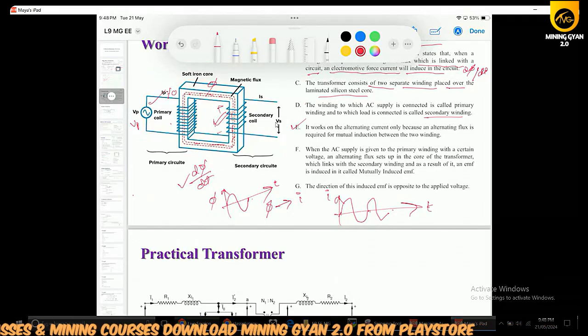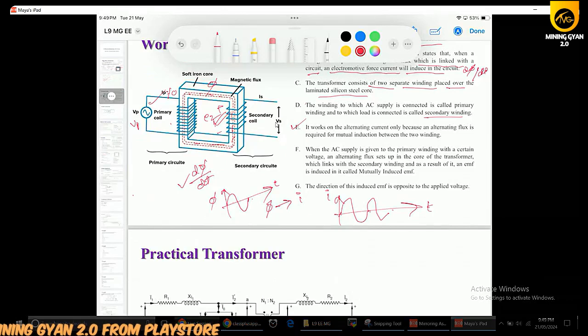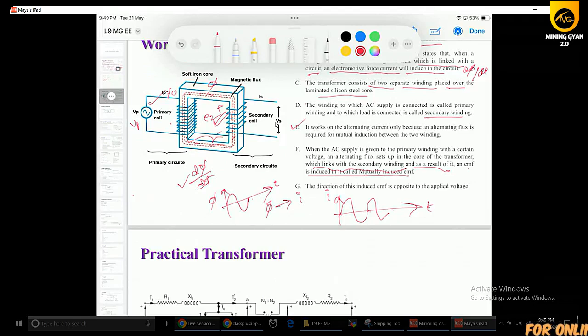Because of that, E2 will be induced in the secondary coil because of mutual inductance between these two coils. It links with the secondary winding, and as a result an EMF is induced in it, called the mutually induced EMF, and that will be E2.